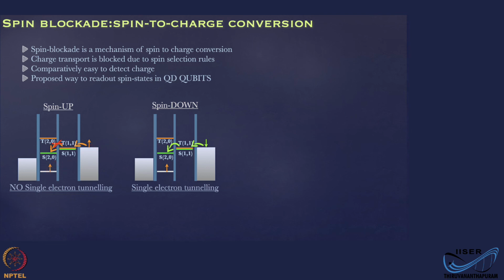The spin blockade is fundamentally really interesting because you are seeing spin selection rules in transport, but it is technologically also really important for quantum information processing, especially for reading out the state of a quantum dot spin qubit.